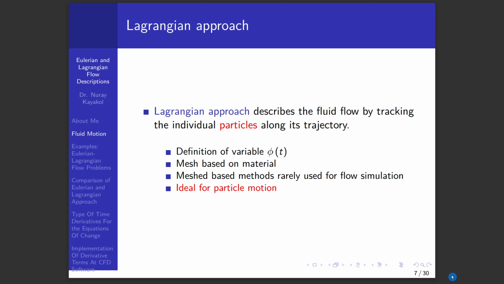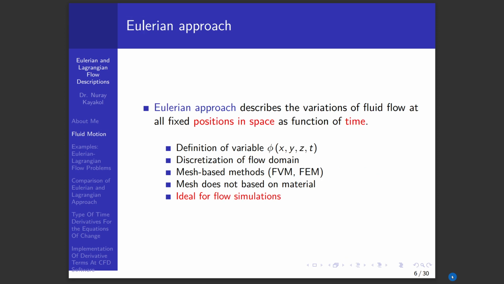How about the Lagrangian approach? In the Lagrangian approach, we are interested in particle tracking. So the variable is defined as a function of time. If I go back to the previous slide, you will see phi as a function of x, y, z, and t in the Eulerian approach.